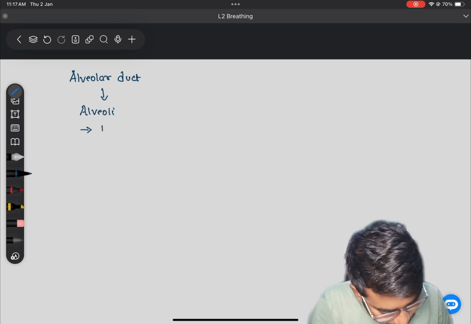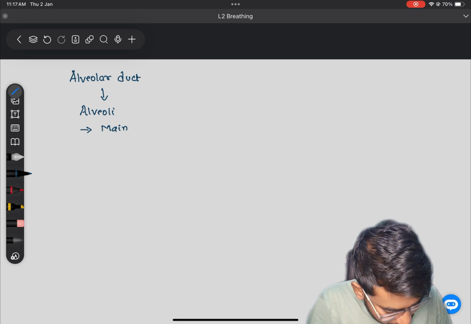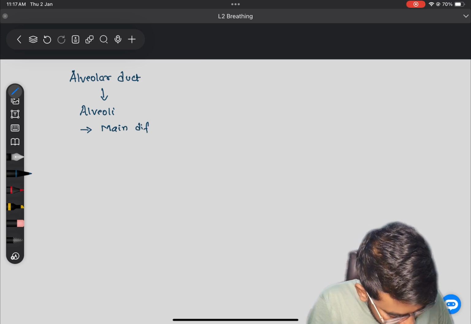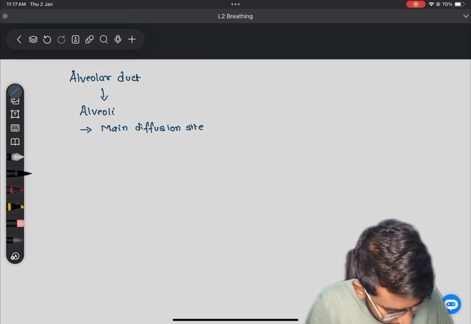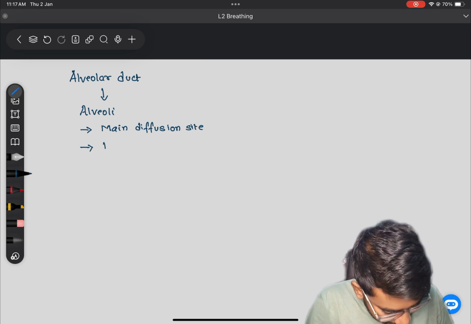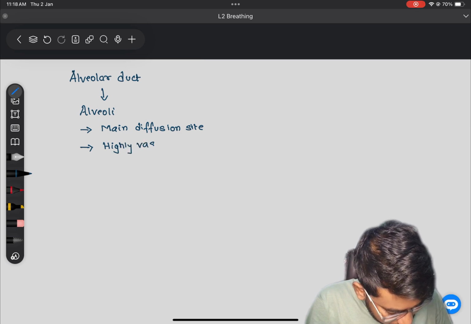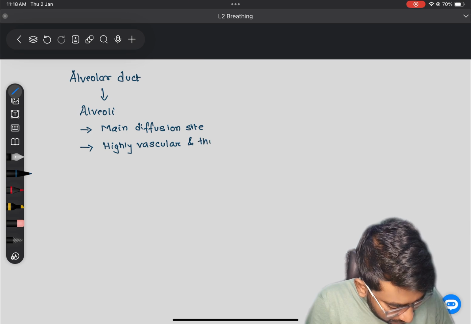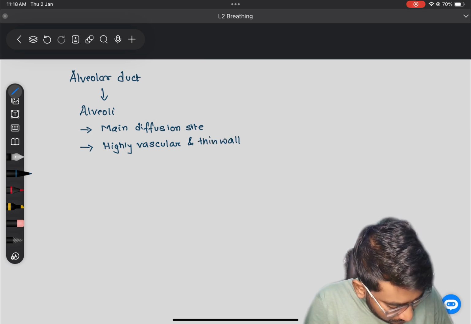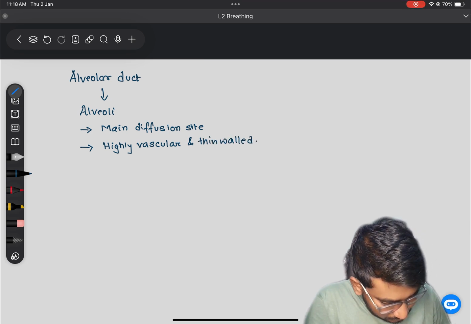So you can write: main diffusion site. Highly vascular and thin walled. Walls are very much thin.